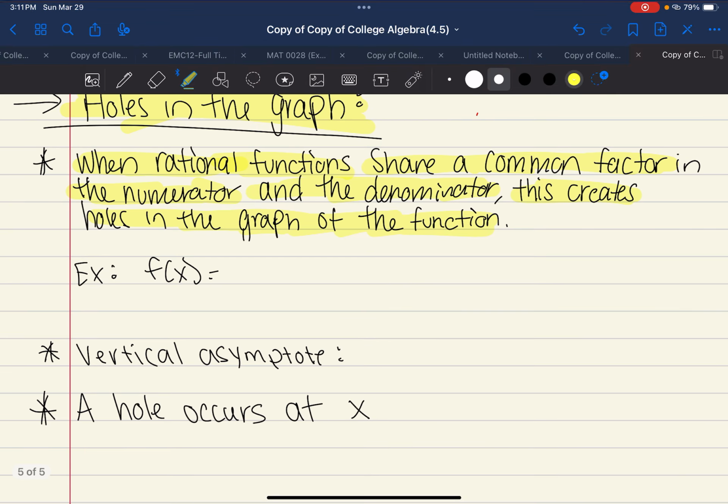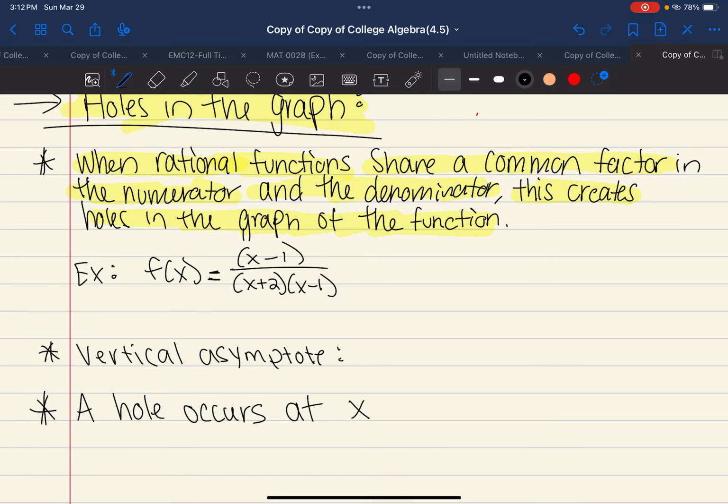Okay? So for example, if I had the function x minus 1 over x plus 2 times x minus 1. Now this is an example of a function that's already been factored for me. So, again, they probably will give you a function and then you need to factor the top and the bottom, and then you would get something like this.